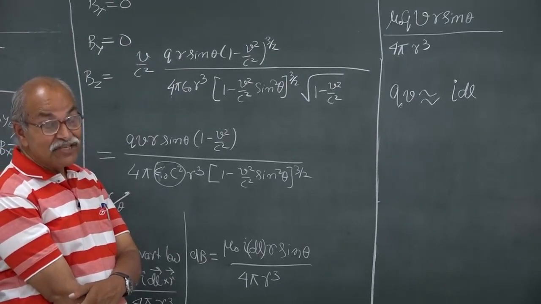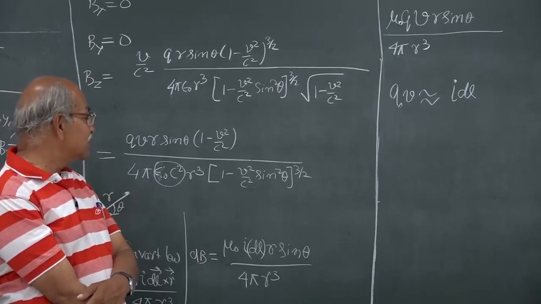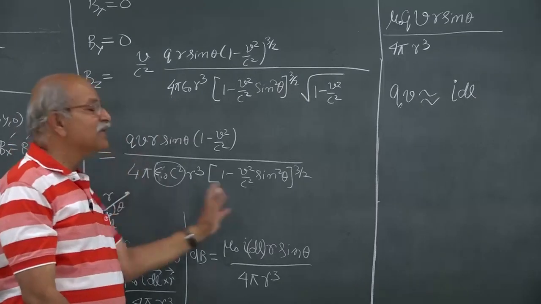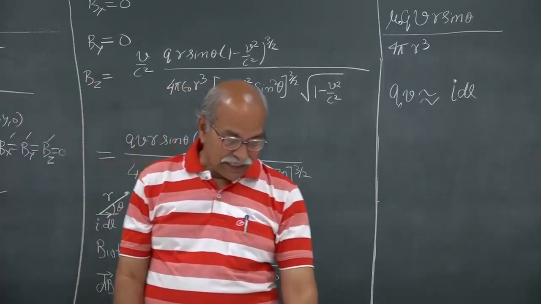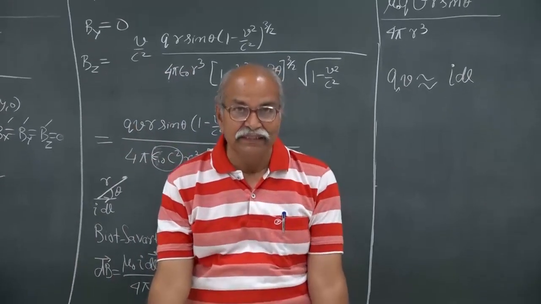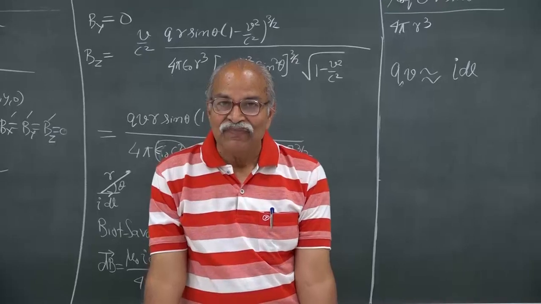But in general, if v is not much smaller than c, then you should use this whole expression. So, that is about the electric field and magnetic field due to a point charge moving.